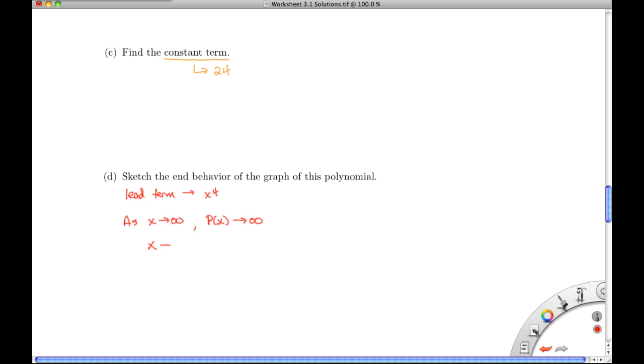And if we let x get infinitely large negative, and then we take that value and raise it to the power of 4, since it's an even power, it will just make it positive. So we'd have positive infinity as well. And if we did want to come up with a little sketch here, similar to what we did last time, there's our x-axis and there's our y-axis.